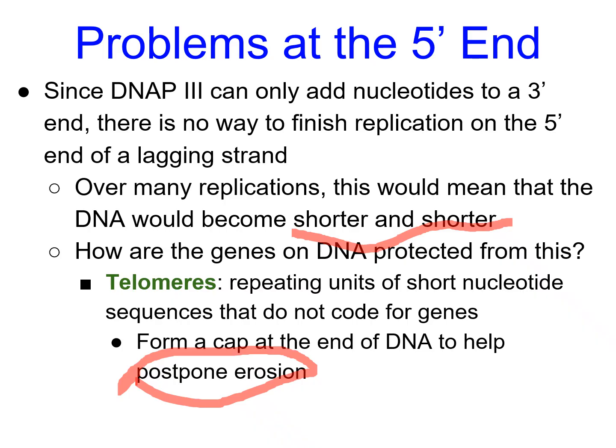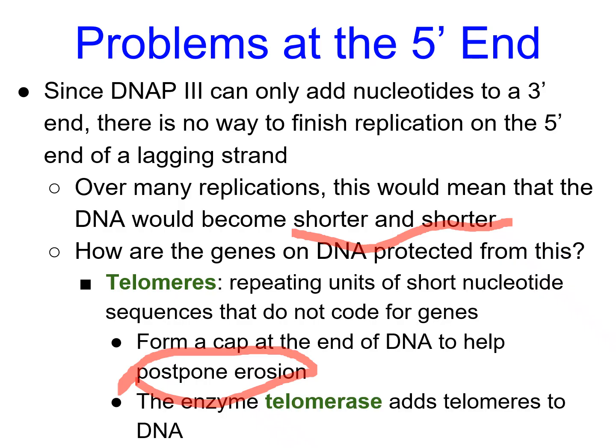And every time replication occurs, our genetic information runs the risk of getting shorter and shorter, especially on that lagging strand because it's building in between primers. So it prevents the shortening of the genes, and if they do get shorter, then the vital parts, that green region that I drew, are still somewhat internal and protected because of that cap at the very end.